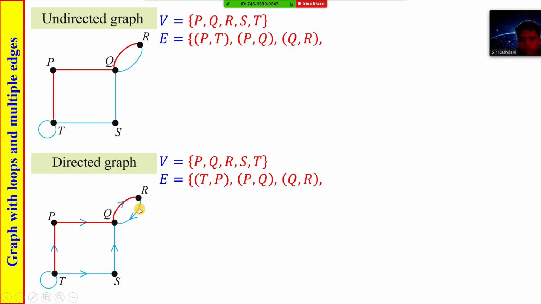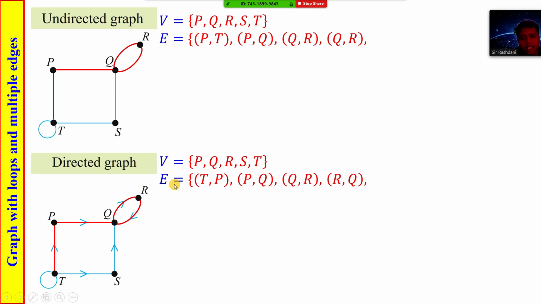After that we have an arrow here, an edge from R to Q, so it will be RQ. This will be QR because we have multiple edges. This multiple edge has an arrow, so we start at R, so RQ, and at Q, so it will be RQ.